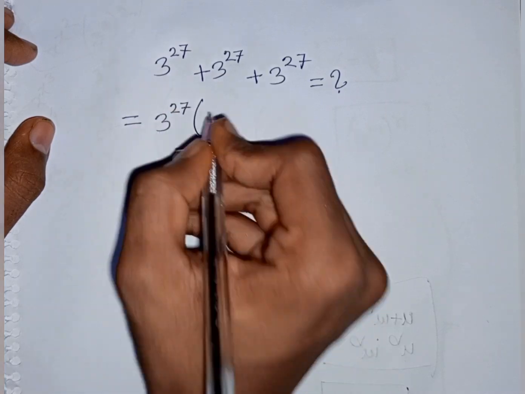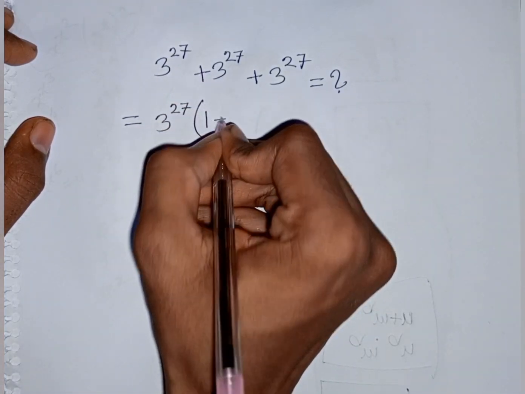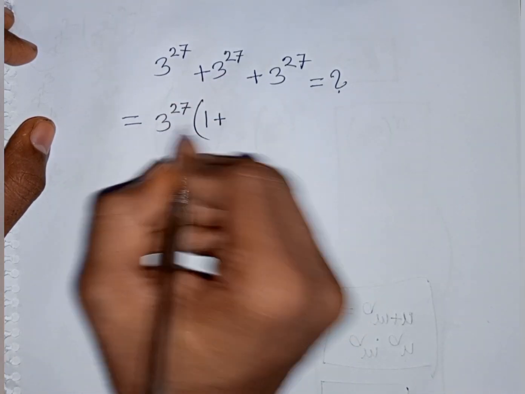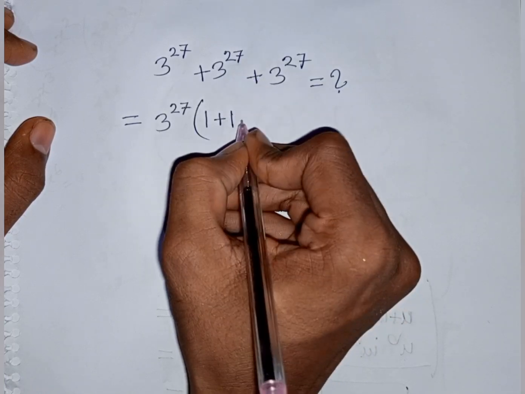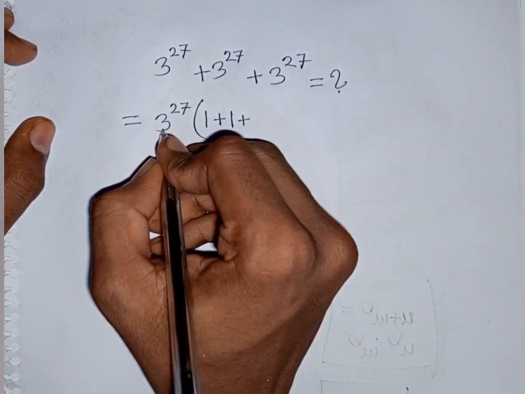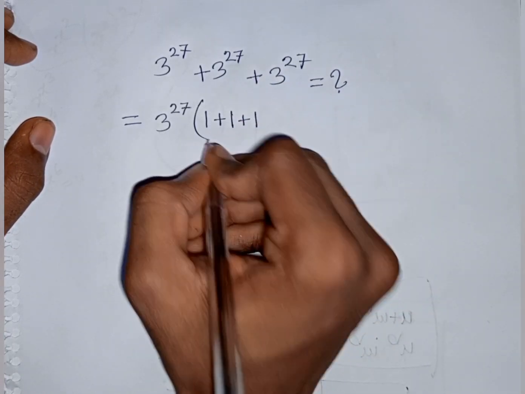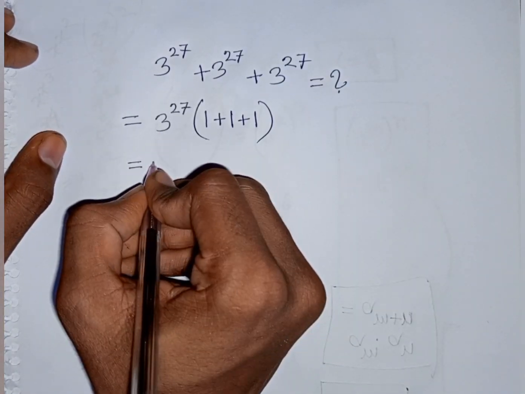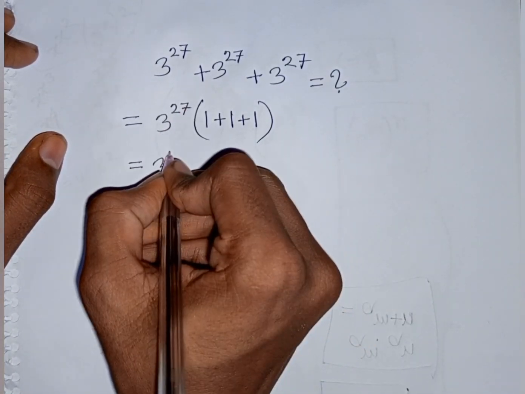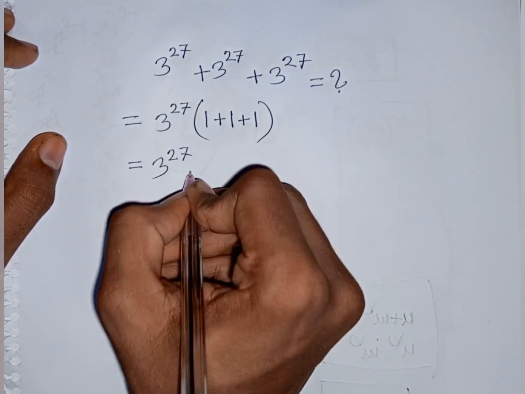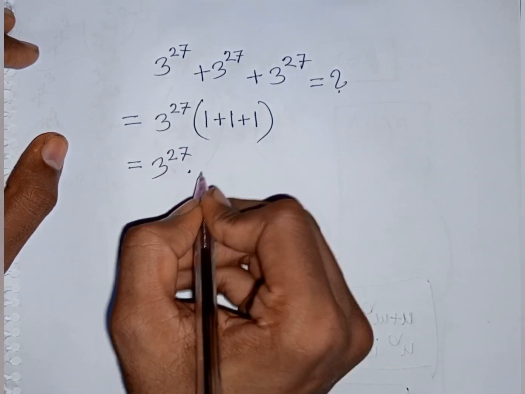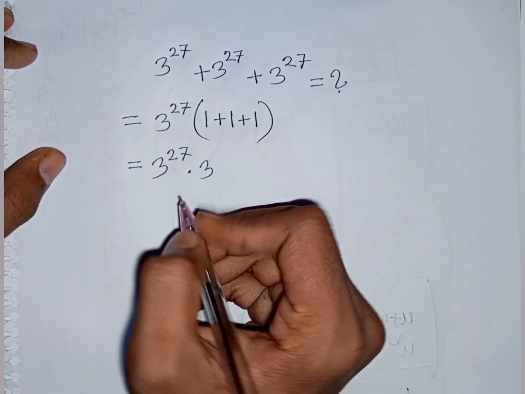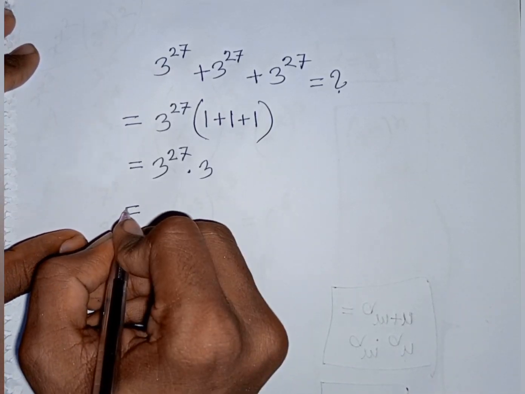So this divided by this means 1, plus this divided by this means 1, then plus this divided by this means 1, then bracket close, is equal to 3 power of 27 times 1 plus 1 plus 1, that means it will be 3.